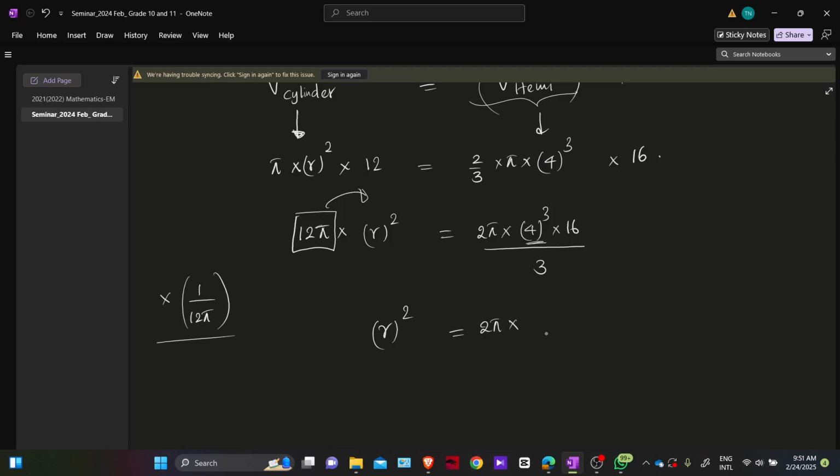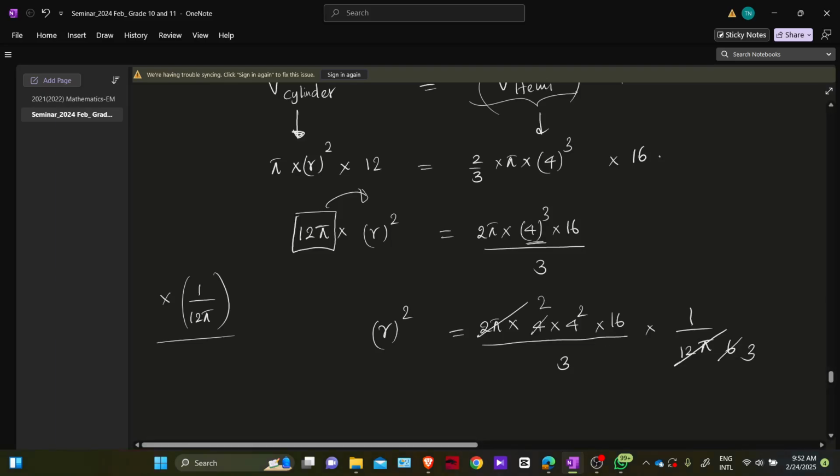I'm gonna elaborate this one. 4 times 4 squared, right? 16, just to cancel numbers. This will be 1 over 12 times pi. Now you can easily cancel 2 pi and 12 pi with the factor 6. Again you can cancel, this is 2 times 3, this is 2 times 2.